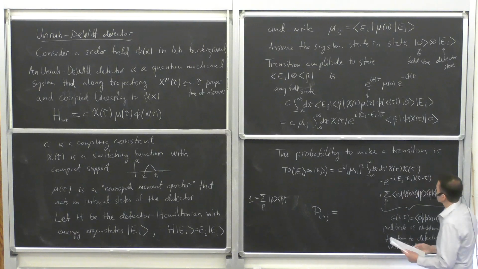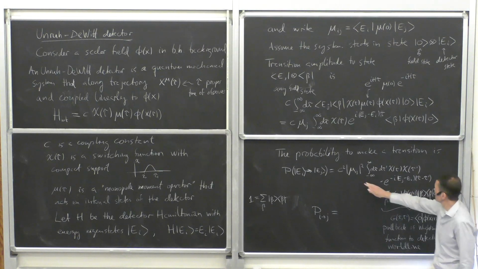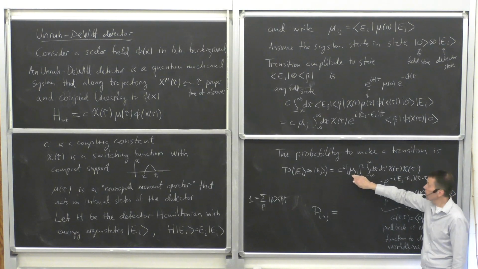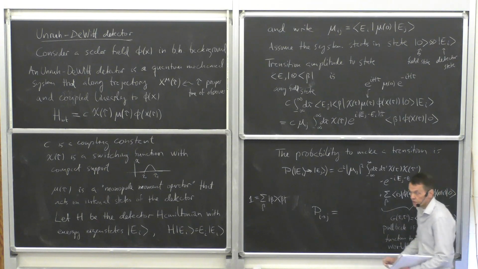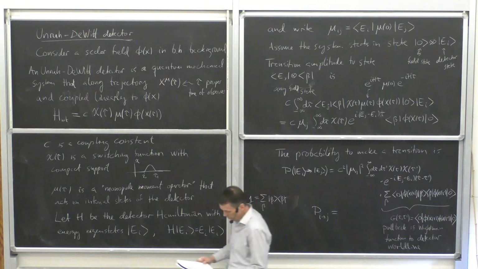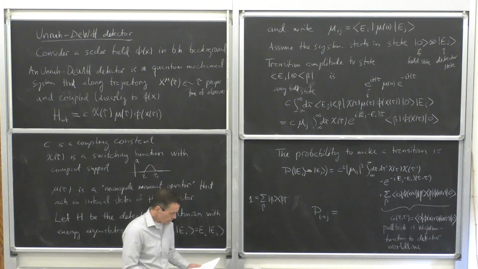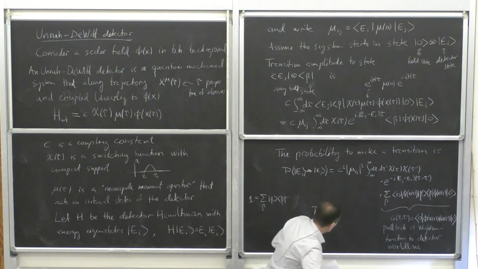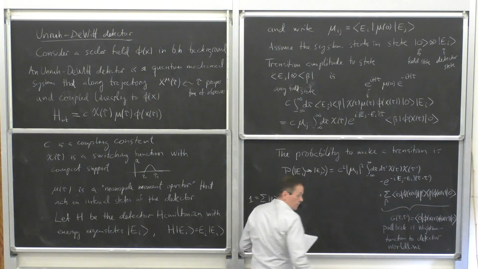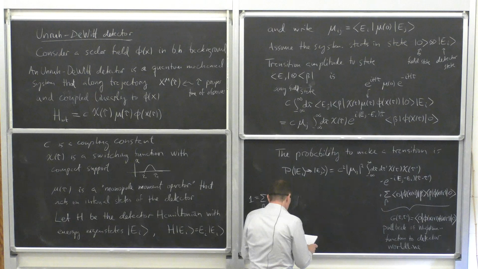And if we make this a simple system so that these matrix elements are easy to compute, then really the physics is all sitting in this Wightman function of the field. Right, that's what is giving us the probability. And now I can really write this as the following.